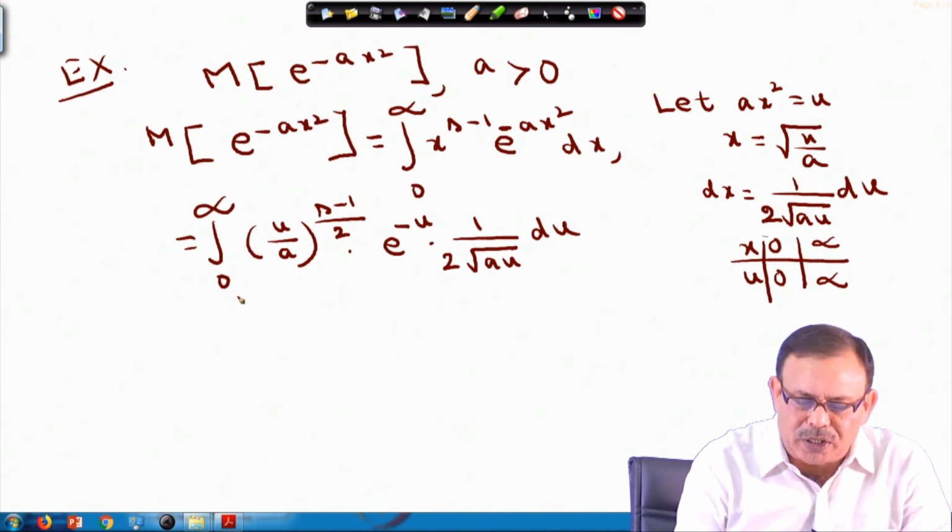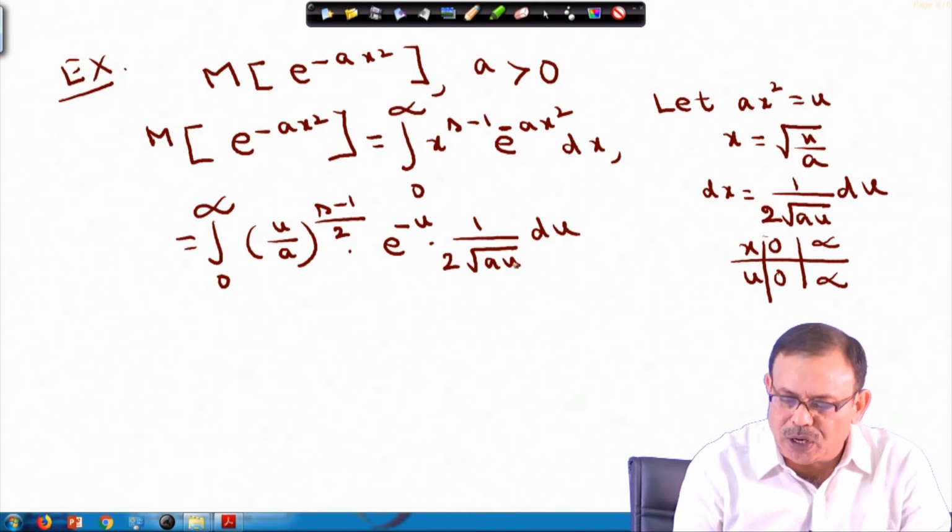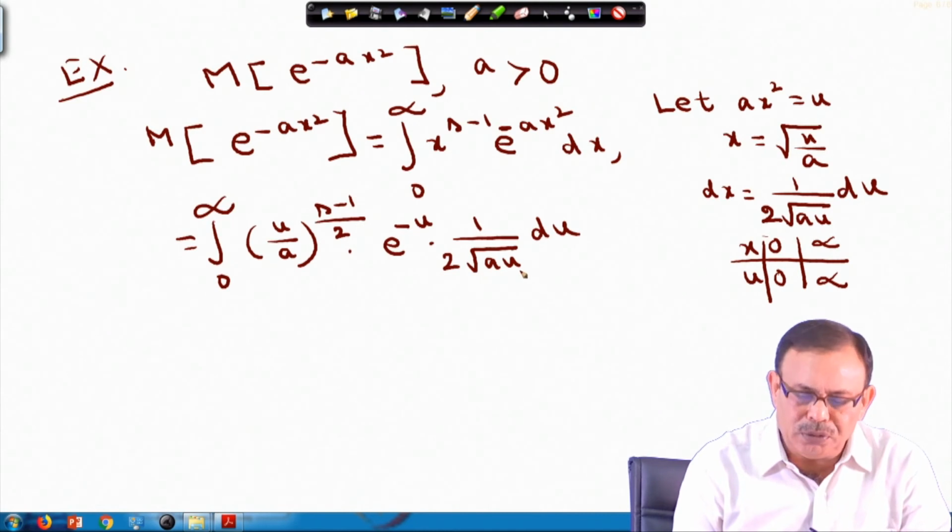So this integral is 0 to infinity u by a to the power s minus 1 by 2 into e to the power minus u into 1 by 2 into root over a u du.